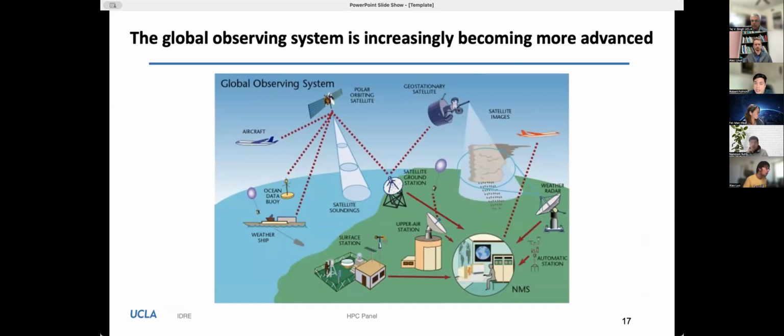But increasingly, we have so many different types of satellites that are consistently measuring the planet and circumventing the planet every day, taking the same measurement over and over again. There's also ship data, so people go out in ships and collect data, as well as ocean buoys and aircraft that fly around collecting data. Next slide, please.